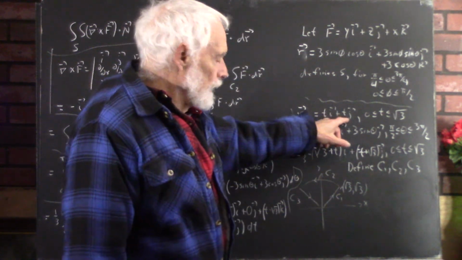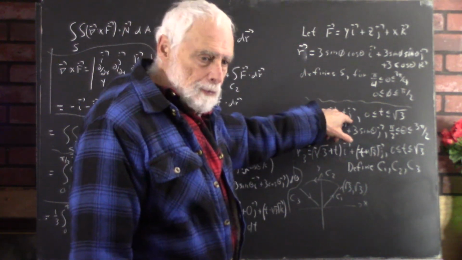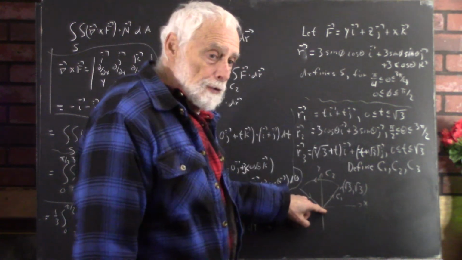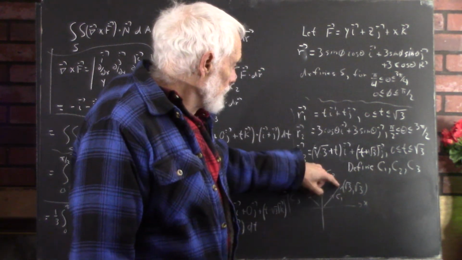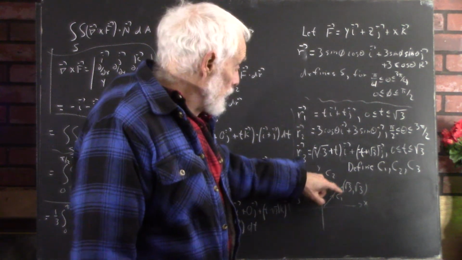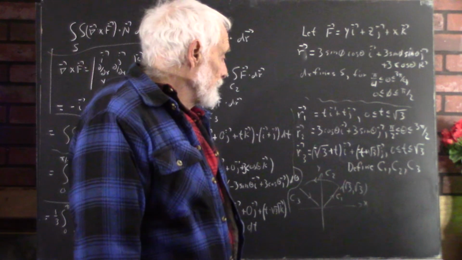And you can easily verify that since x equals y, you're moving along this line. If t is 0, of course you're at the origin, so this is a parameterization of a segment from the origin out to the point square root of 3, square root of 3.